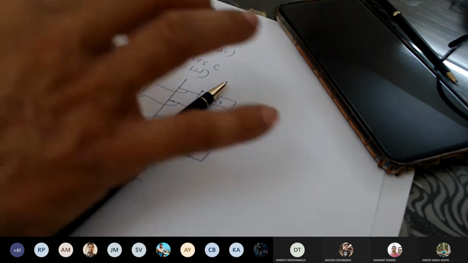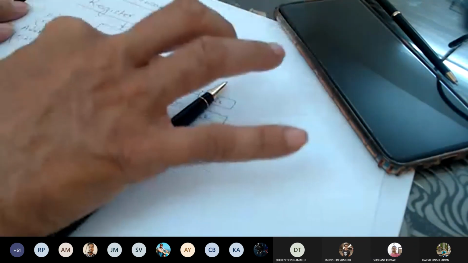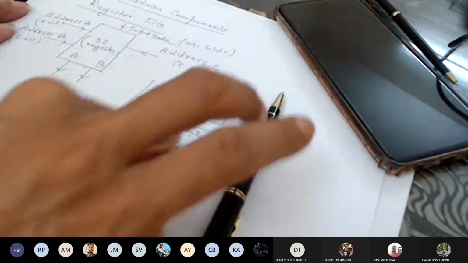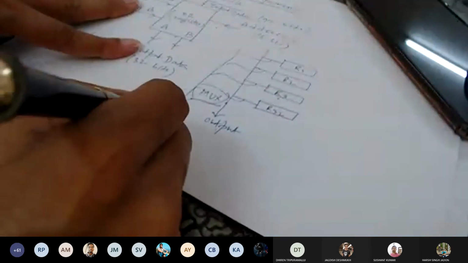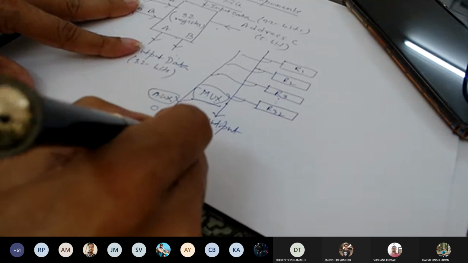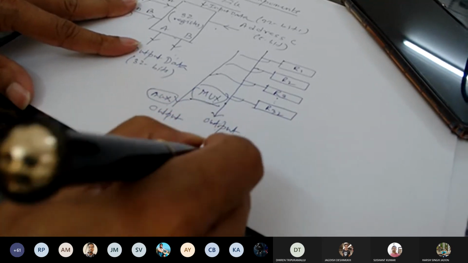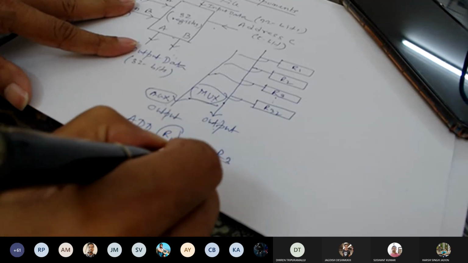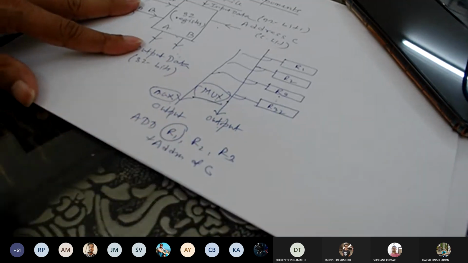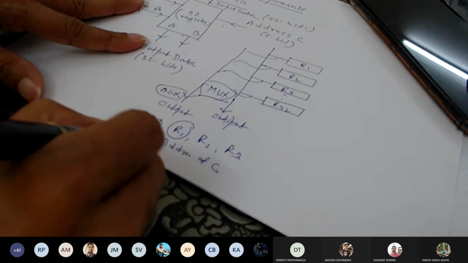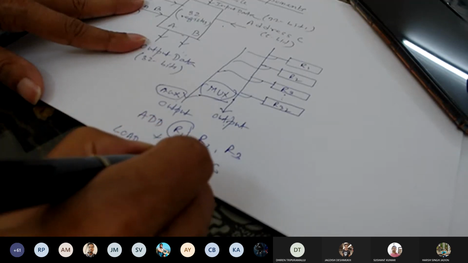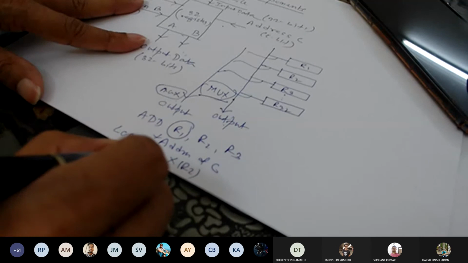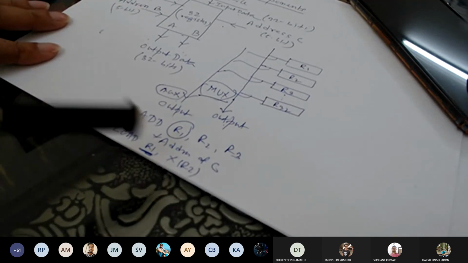Yes, sir. And this one address in which register? Because you are storing into these 32 registers, so you need to select which register. Where are you storing? That where part, if you look into the instruction like this, add R1, comma R2, comma R3, this R1 is the address of C. Similarly, when you do load R1, comma X R2, this R1 is the value coming from memory.